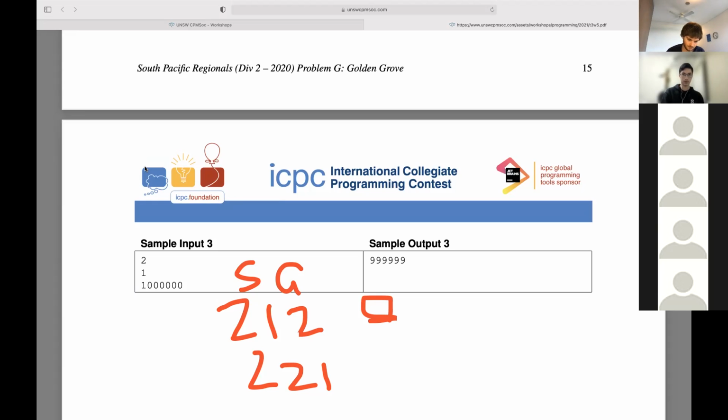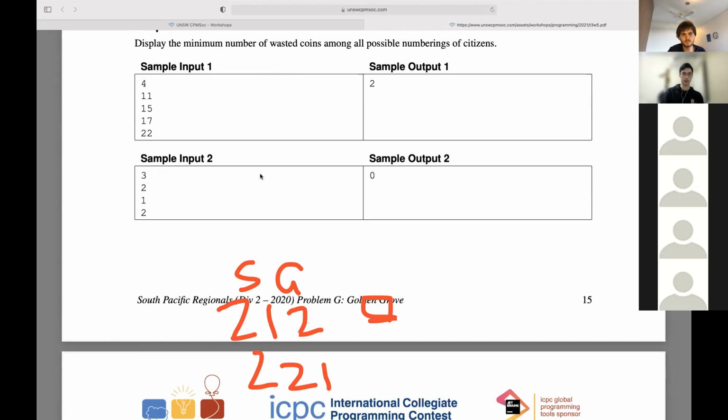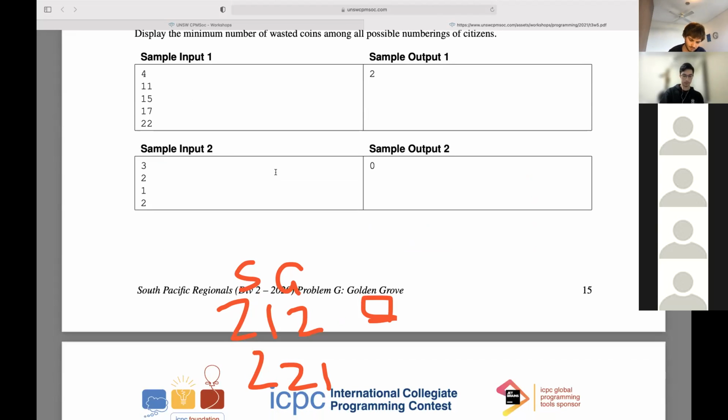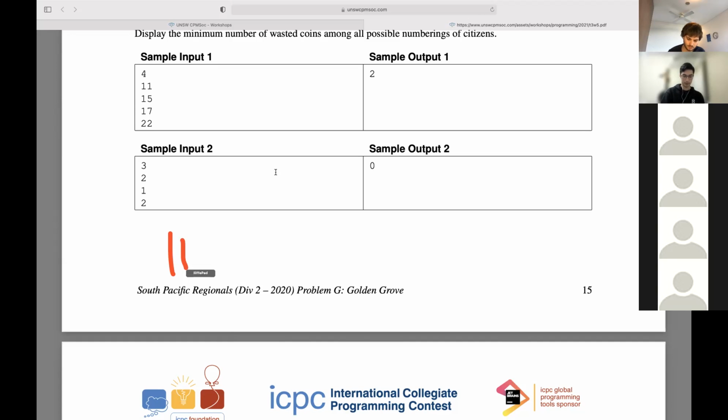So if you observe the first sample enough, if you just play around with it, or any small case, then you'll see that since you're taking consecutive differences, that's kind of nice. The easiest way to see it is to just play around with a few cases.